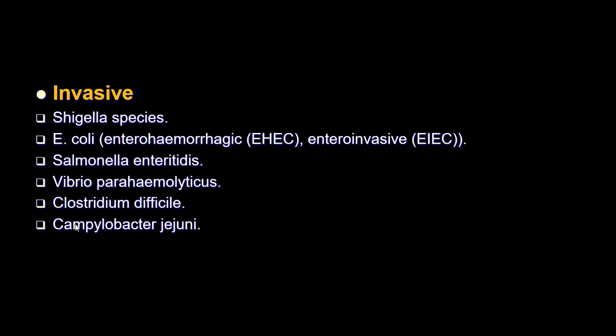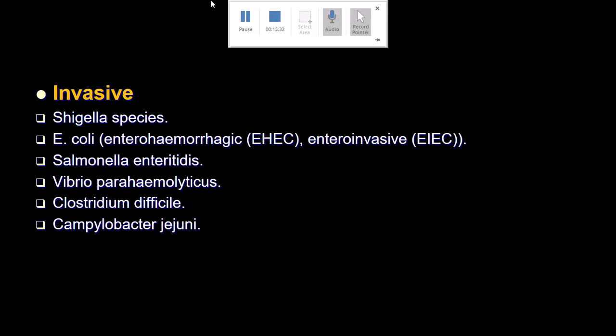So Campylobacter then, Shigella, enteroinvasive Escherichia coli, Vibrio parahemolyticus, and here you have to remember those and to differentiate them from the non-invasive type of diarrhea. And remember, fecal leukocytes is the key for the identification of those pathogens, as well as red blood cells in stool analysis.